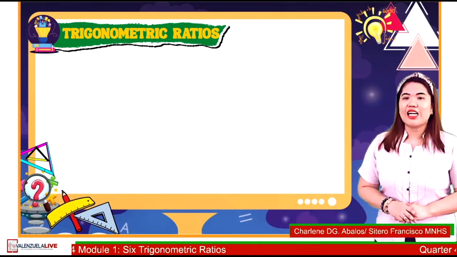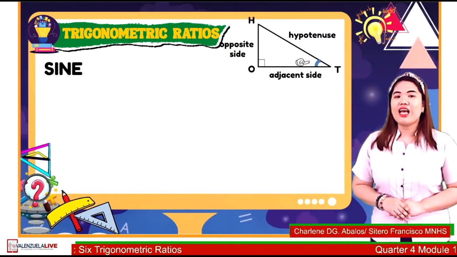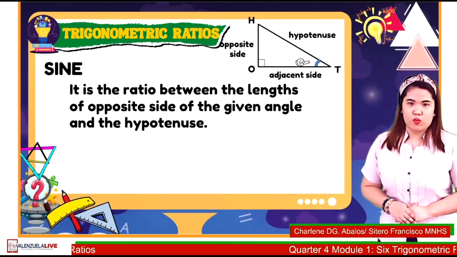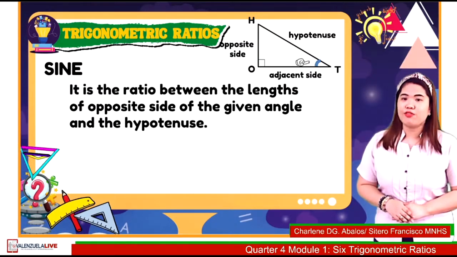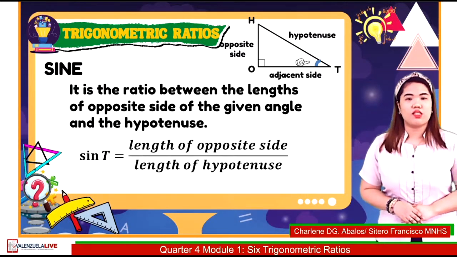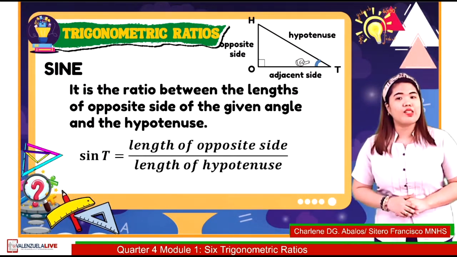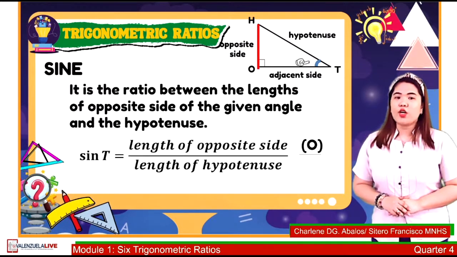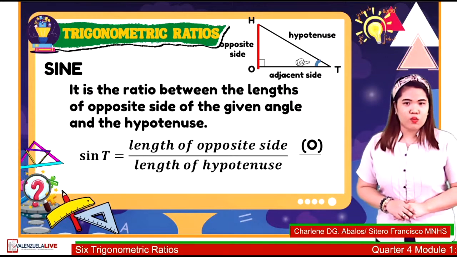It is the ratio between the lengths of opposite side of the given angle and the hypotenuse. That's why we have sine T is equal to the length of opposite side, which can be represented as O, over the length of hypotenuse, which can be represented as H.